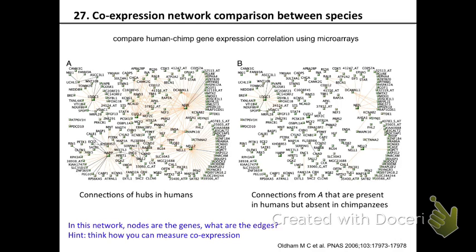So how do you then calculate these edges, right? I said edges are the correlation of expression between two given genes. What kind of technique can you use to calculate co-expression correlation?